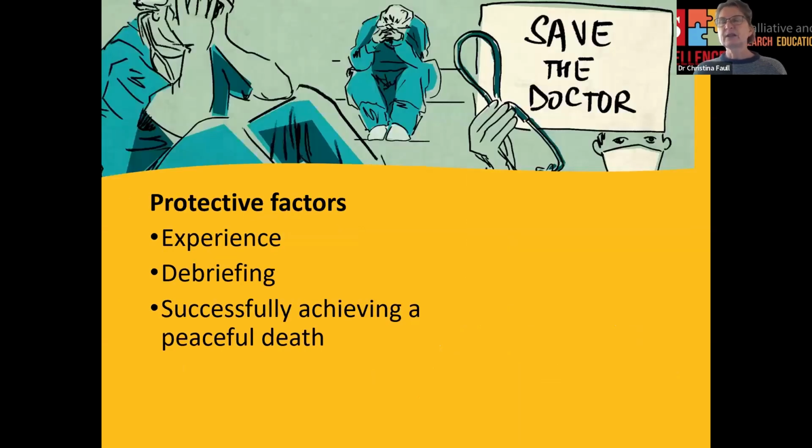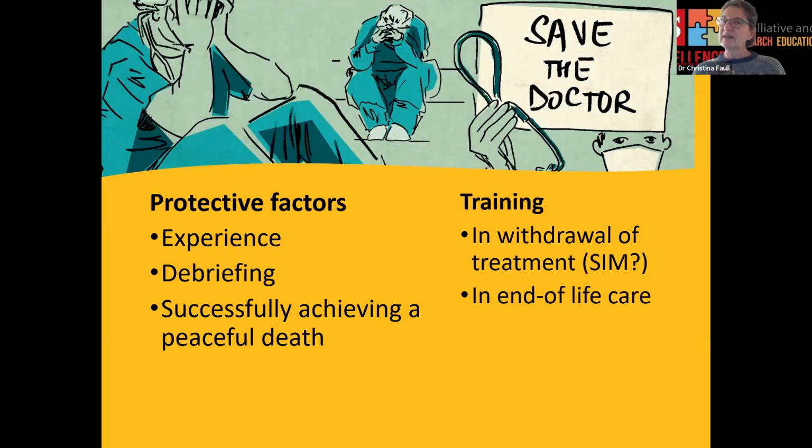And we've identified some protective factors, which I think speak to us. So having experience does make the impact less, although it's still challenging. If you remember that initial research, a debriefing afterwards can be really important. And if you achieve a peaceful death for someone, you feel you've done a good job, that is a mitigating factor for the impact of having to do it. We felt that having training was really important.